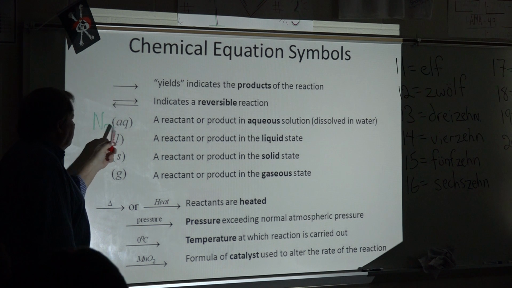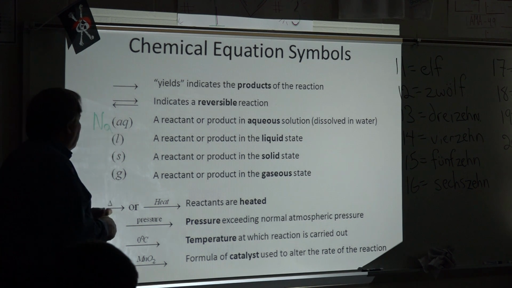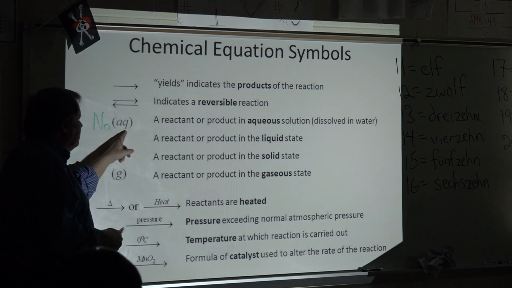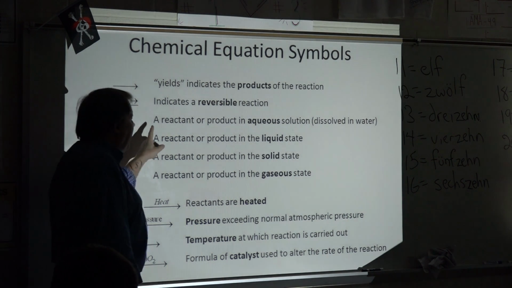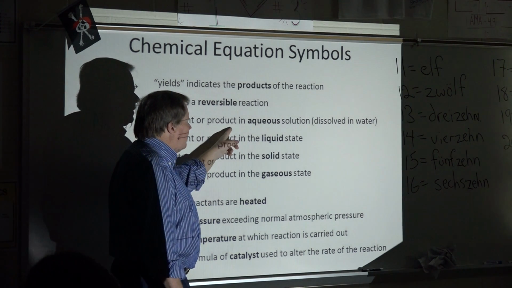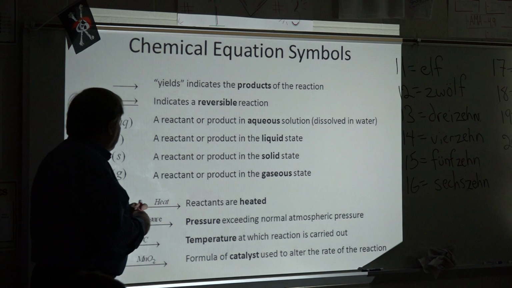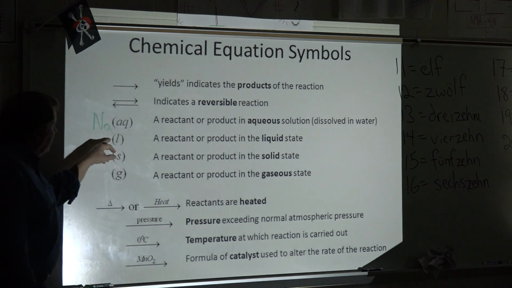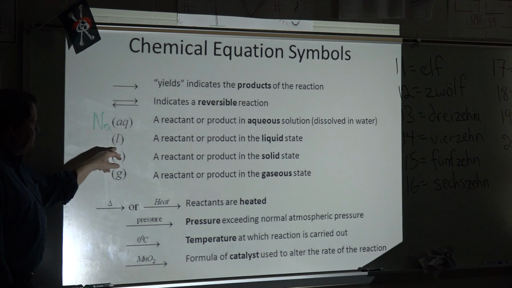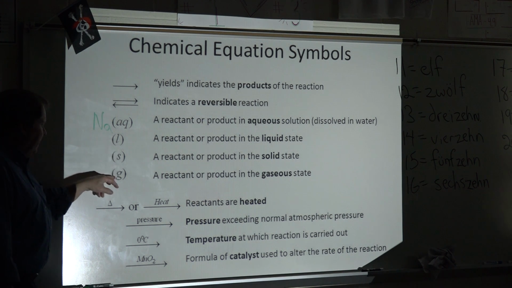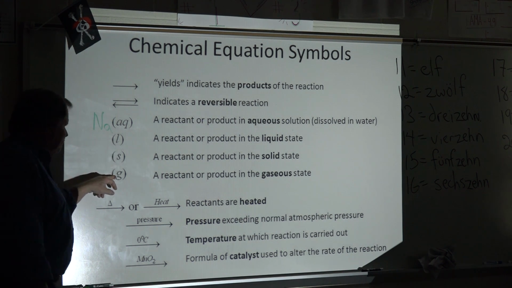That means I've dissolved some sort of sodium salt into water, and so the reactant or product is in an aqueous system. The italicized L means you're working with a liquid, S solid, and G gaseous.